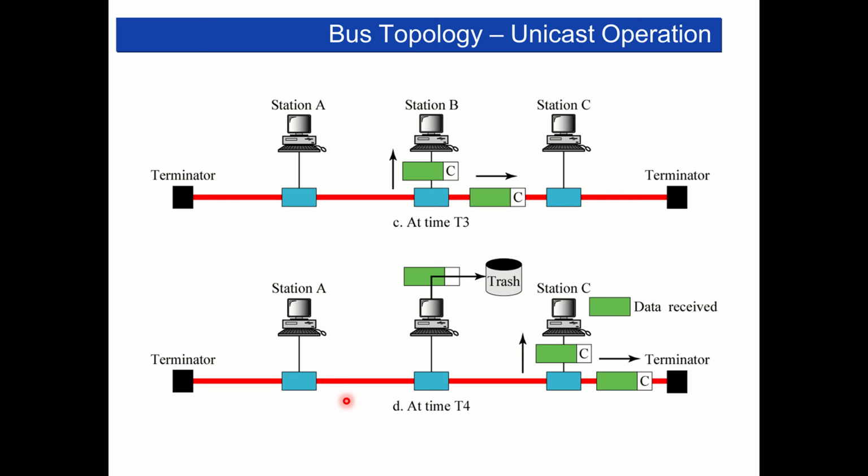Even though station B, which is not the intended destination, receives the frame, eventually the frame will be discarded. Hence the reason we allow unicast addressing in the bus topology. But for station C, the intended destination, once the data is received, it will keep the frame.